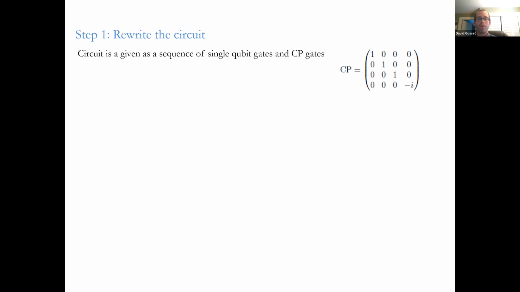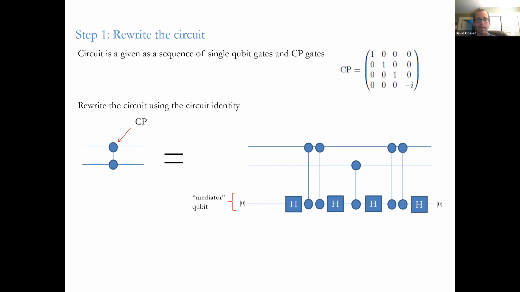So we rewrite the circuit using single qubit gates and this special 2-qubit gate, the CP gate, which is just 1s and then a -1 in the last position. And we rewrite the whole quantum circuit to be simulated using the following circuit identity. It's not really important that you parse this.